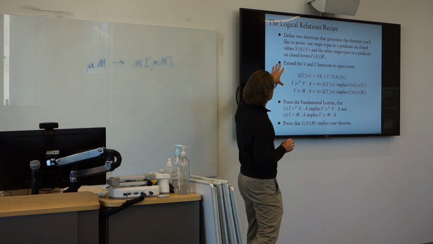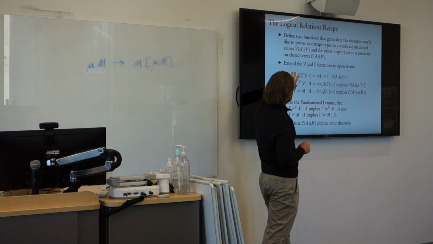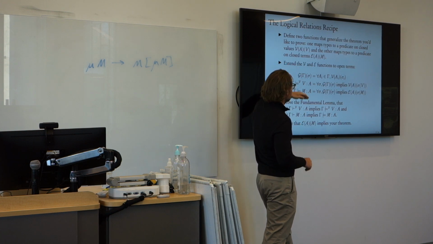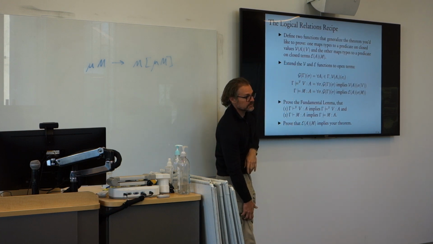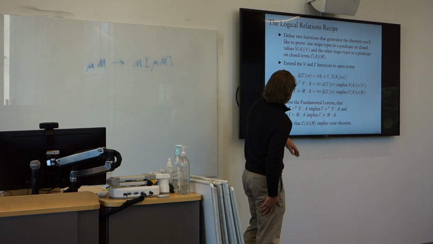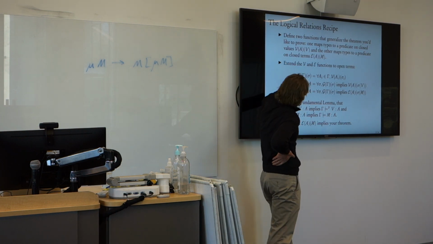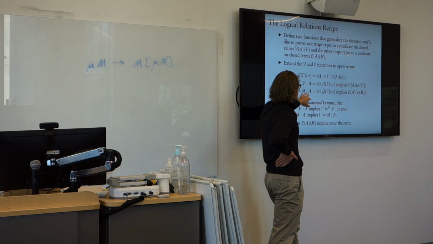And the next thing you do, which is fairly simple, is you want to extend V and E to handle open terms. Here it's basically these two relations with this auxiliary thing, meant to look a little bit like a typing derivation.